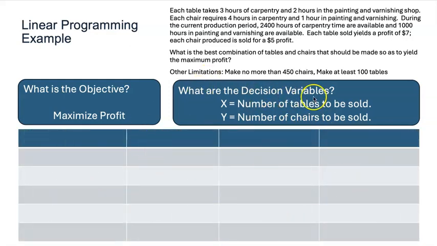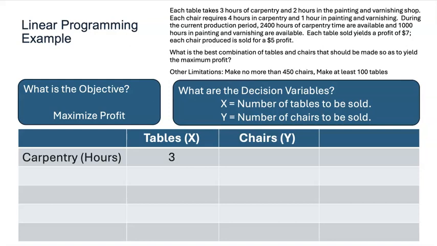So now that we know our decision variables and we know our objective, we're going to break down the information based on the decision variables. So our decision variables are tables, X, and chairs, Y. So starting back from the top, it says each table requires 3 hours of carpentry and 2 hours in the painting and varnishing shop. So carpentry hours, 3 hours for tables, and painting hours, 2 hours for tables.